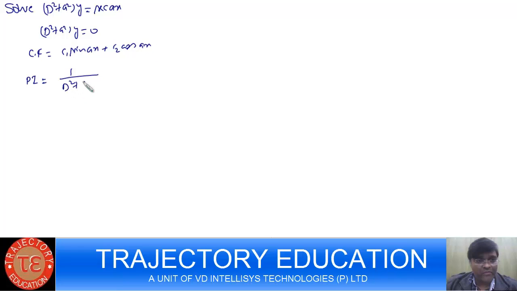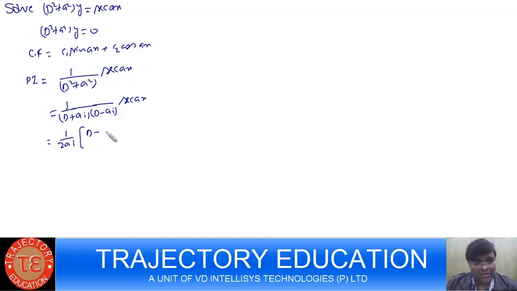The particular integral is going to be 1/(D² + a²) sec ax. This can be written as 1/((D + ai)(D − ai)) sec ax.